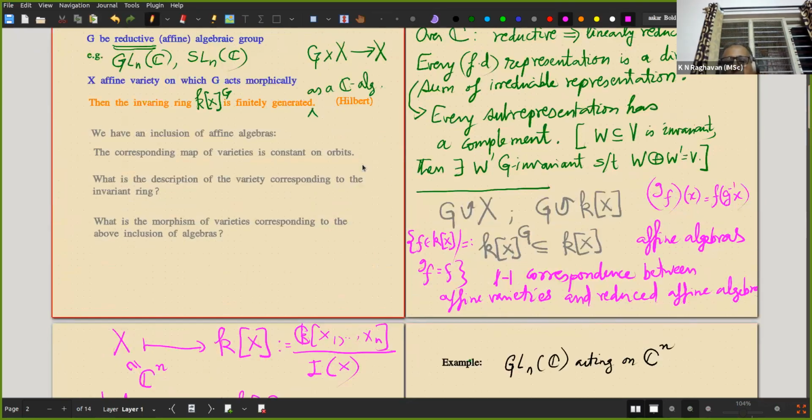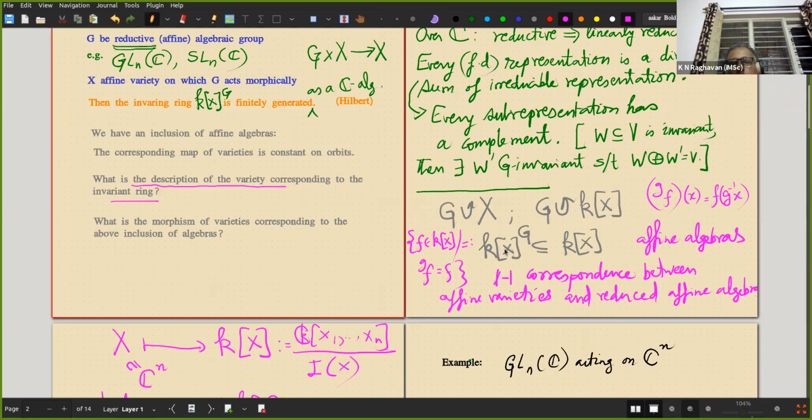Look, this is an affine algebra, and it is contained in this affine algebra, right? And we know what this corresponds to. This corresponds to X. The question is, we have an inclusion of affine algebras, and this corresponds to a variety. What is the description of the variety corresponding to the invariant ring? That is the question we ask.